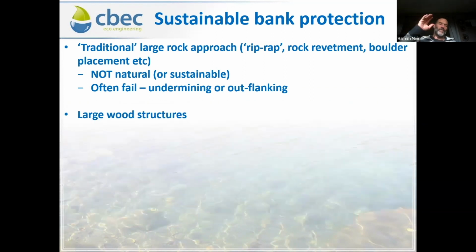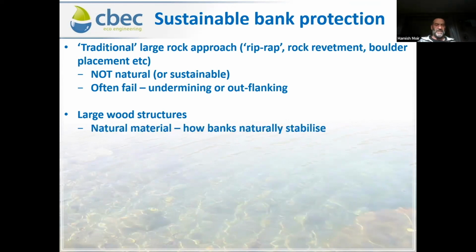There are many alternatives, but one which we often apply is large wood structures. These are sections of tree, sections of trunk, maybe 5 or 6 meters long, with, importantly, the root plate still attached. So they're a natural material, and it's reproducing how banks naturally stabilize. It's the process by which rivers naturally mediate their erosion rates.